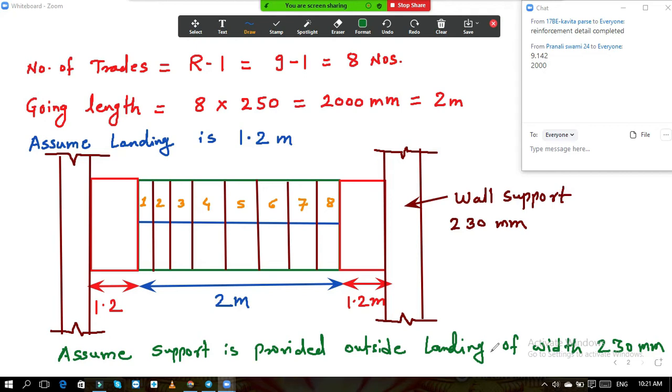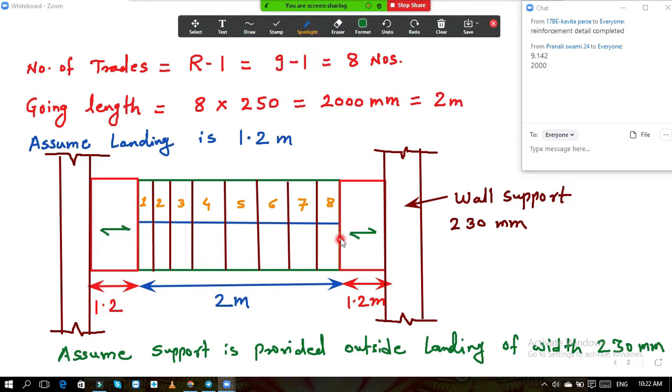Now see, in this case your landing is spanning in the direction of the support. So if I draw the line again for the spanning of landing, see over here, as per that spanning concept, this is the direction of the span, because supports are given at this edge and this edge.